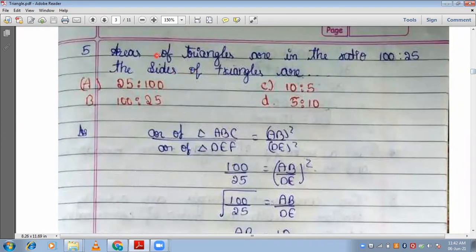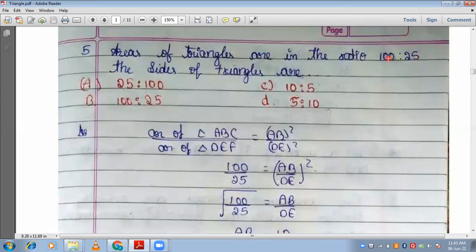Fifth question. Areas of triangles are in the ratio 100 is to 25. Then the sides of the triangles are dash. Here they have given the areas of the triangles. So the formula is area of triangle ABC divided by area of triangle DEF is equal to the square of the corresponding sides, AB square divided by DE square.